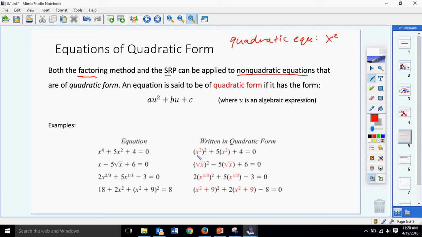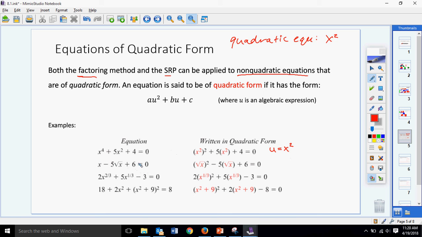So it looks like my U is x squared. Let's see if I can put that in place with the B. Go to your B's position. Is there an x squared there times a B? Yes, there is. And then we obviously have C. So this is the quadratic form here. In this example, the U stands for the x squared.